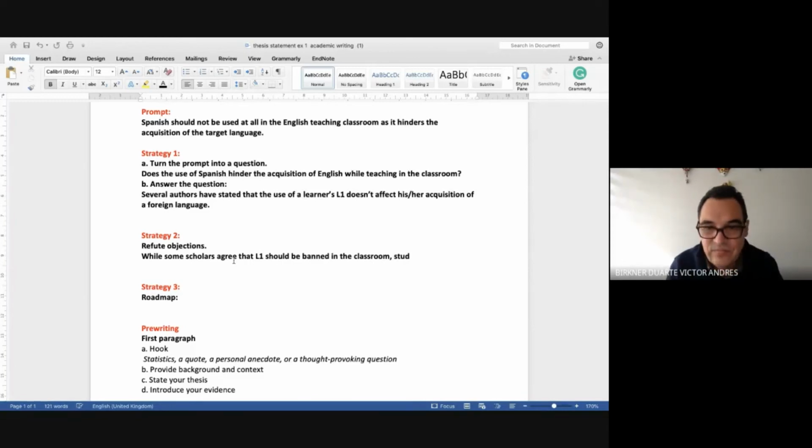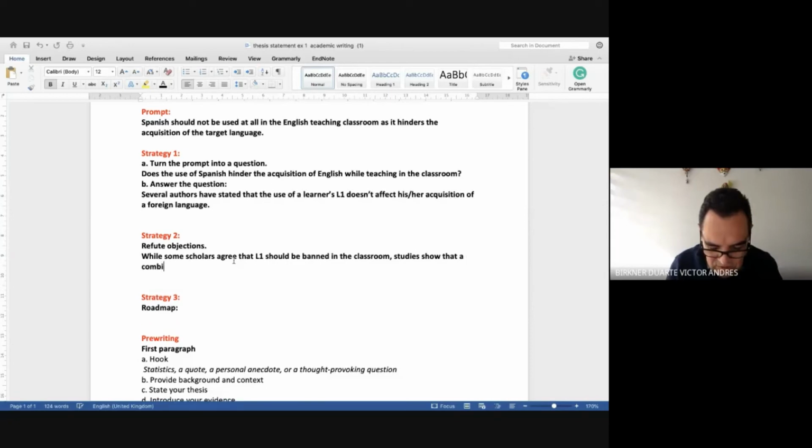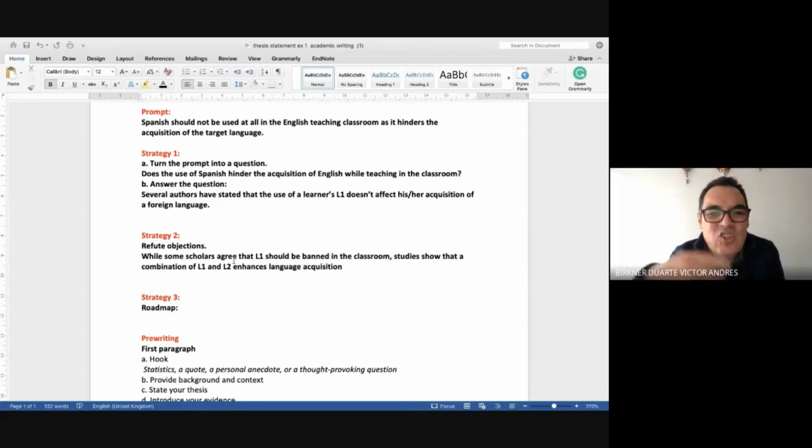Studies show that a combination of L1 and L2 enhances language acquisition.